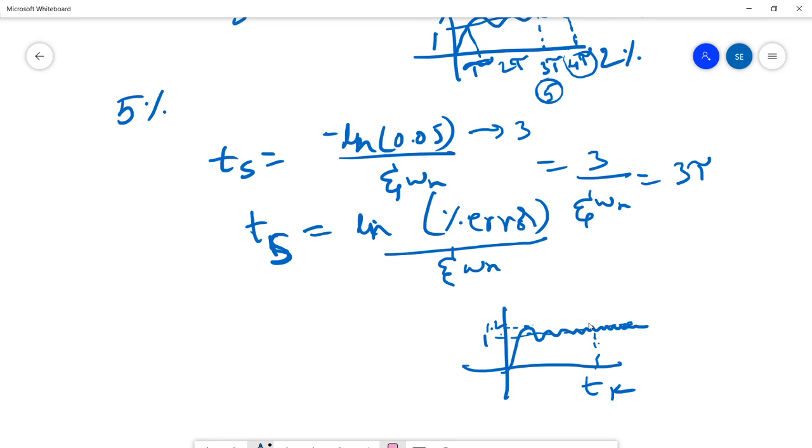Error is nothing but the band, the difference of actual value and obtained value: expected minus true, that is equal to error. Right? So you can take that error percentage, substitute it to calculate the settling time. So that is how we can calculate the settling time. At this point of time, we'll stop the revision.